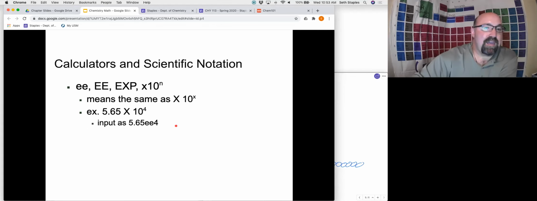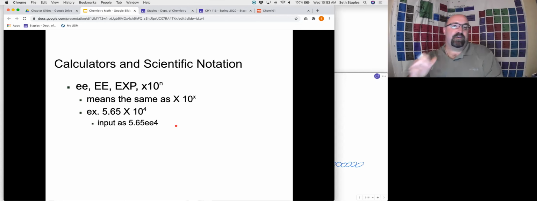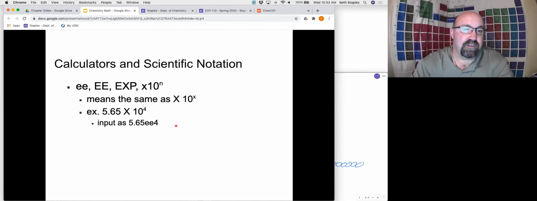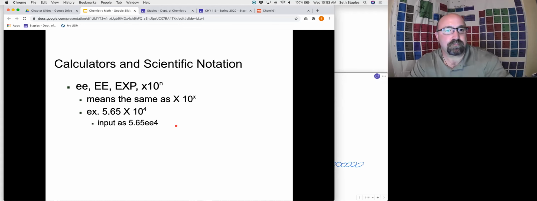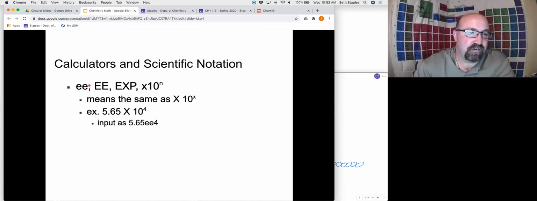And so the way that you use scientific notation with your calculators, and some of this will depend on the type of calculator that you have, but what you want to look for is a button that looks like this. It'll be either EE, sometimes I've seen some of them with lowercase, some of them with uppercase.